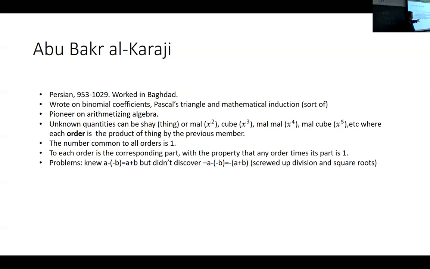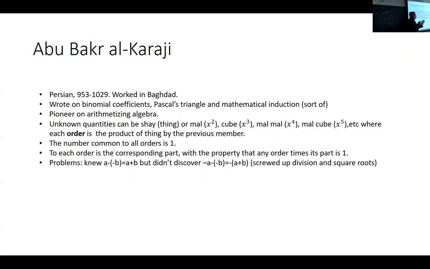So, for example, he knew that A minus B is A plus B, but he had one problem, which was when you were subtracting a negative thing from a negative thing. Right, that minus A minus B equals minus, in brackets, A plus B. That's the kind of rule that he screwed up on.